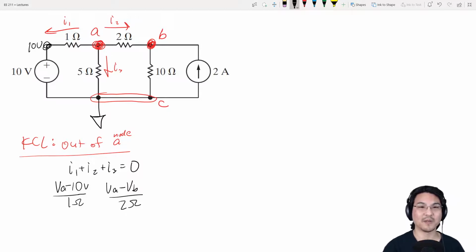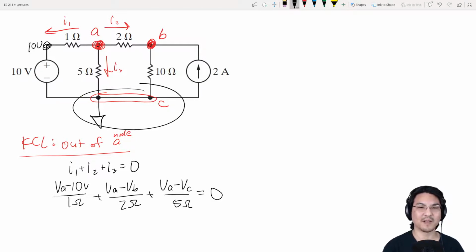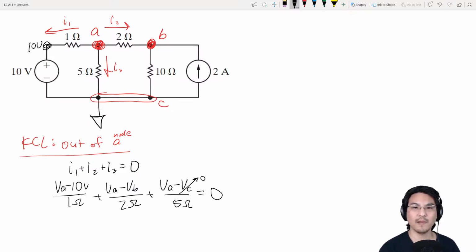Now I3, I drew my arrow going out, so it's VA minus VC over 5 ohms, equals 0. And note that since I called node C my reference, VC is actually 0. Okay, now that's KCL at node A.